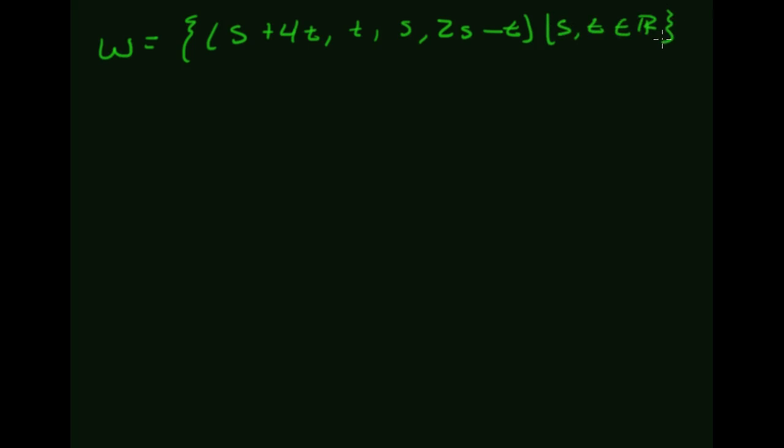Number 2, you can kind of follow the same model that we used for number 1, right? Number 2 gives us this subspace of R4 called W, and it tells me that I have S plus 4T, T, S, 2S minus T. So every single vector that's in this subspace has that form where S and T are reals.